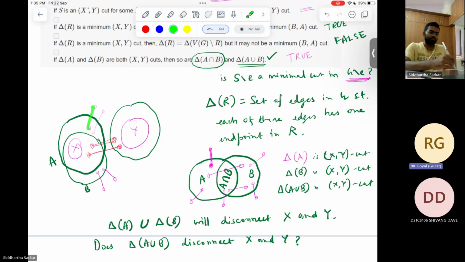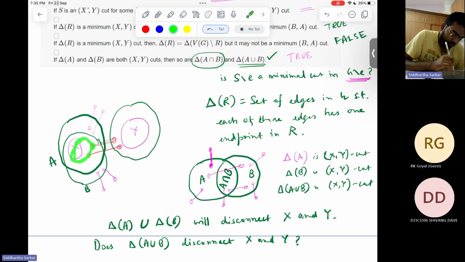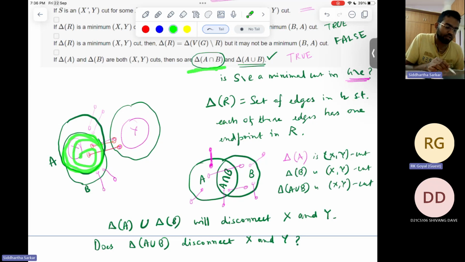They are not part of the minimum cut. There are cut edges, but not minimum cut edges, but those edges which are part of minimum cut edges, those are emanating from A intersection B only. Otherwise, the fact that delta B is a cut and delta A is a cut itself is getting violated. So that is the reason we will have all the cut edges emanating from A intersection B. Therefore, delta A intersection B is also going to be a valid cut.